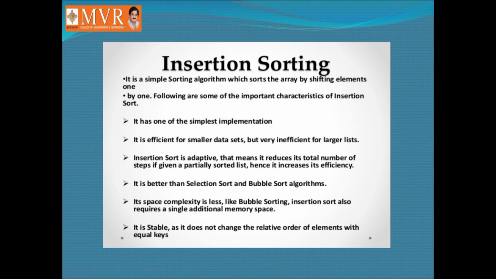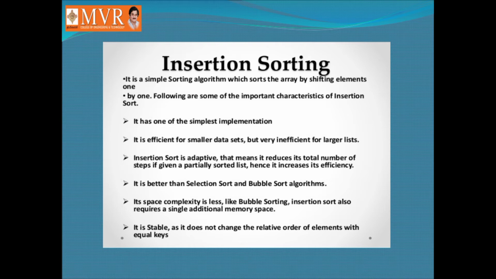This insertion sort is stable, as it does not change the relative order of elements with equal keys. The algorithm does not change the places when the elements are in order. This insertion sort is also known as an in-place sorting algorithm and performs by comparing the adjacent elements and swapping their places.